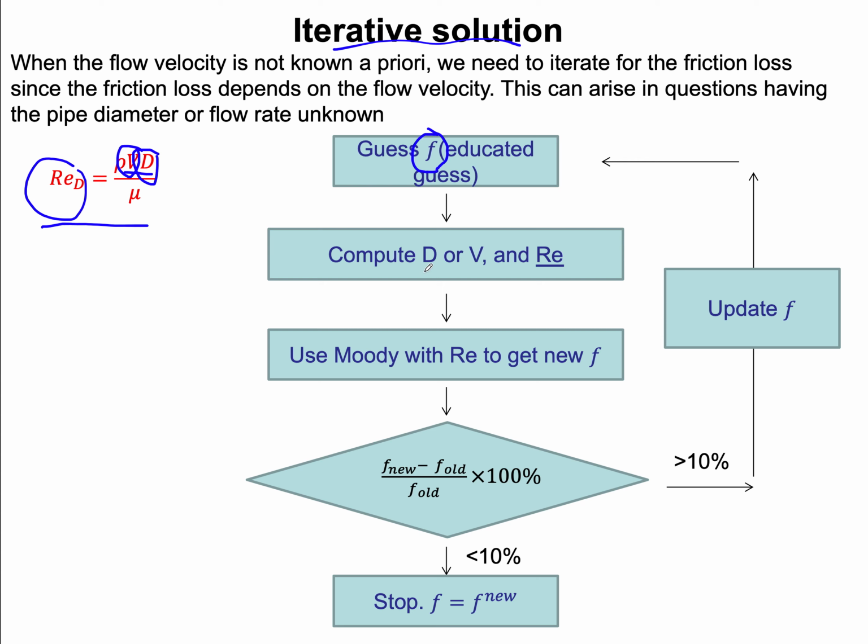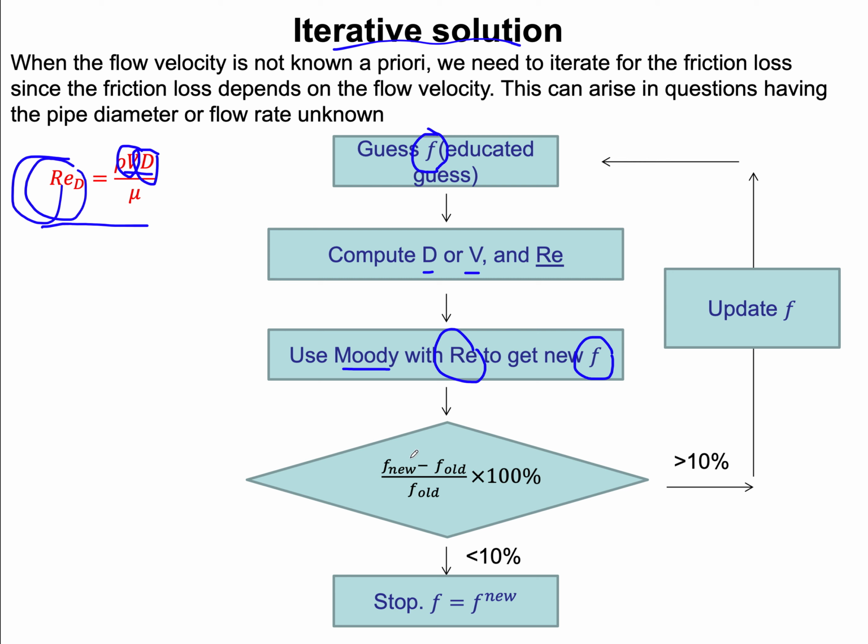Then if your diameter is unknown, you compute your diameter, and if your velocity is unknown, you compute your velocity. So now you find one of those, and you have your Reynolds number. You go to the Moody chart and check at this Reynolds number what your friction factor is going to be. So now you find a new friction factor.